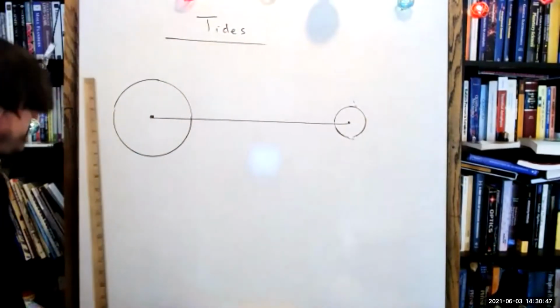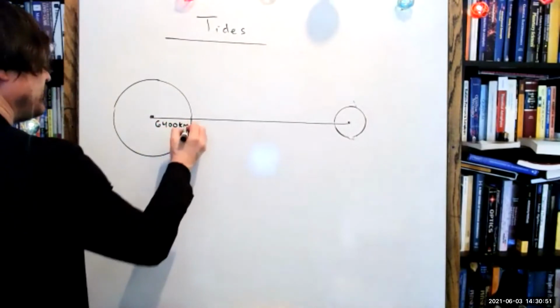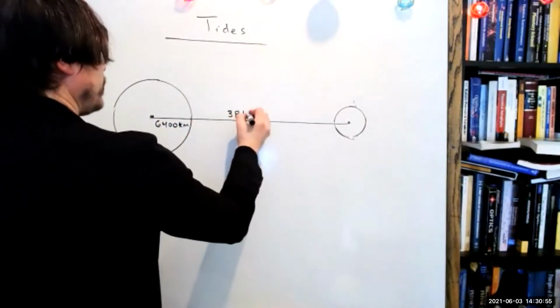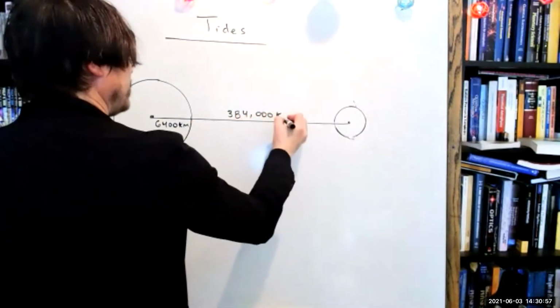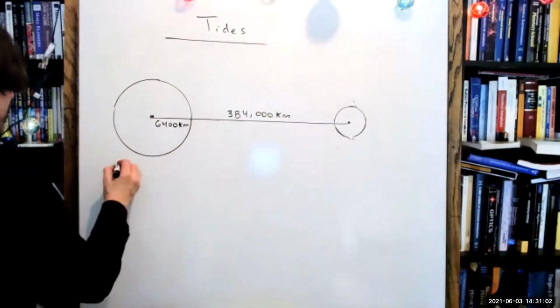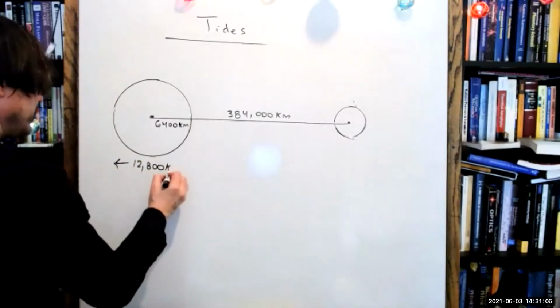The radius of Earth is 6,400 kilometers. The distance to the moon, 384,000 kilometers. 6 times 2 is 12. The diameter of Earth is 12,800 kilometers.